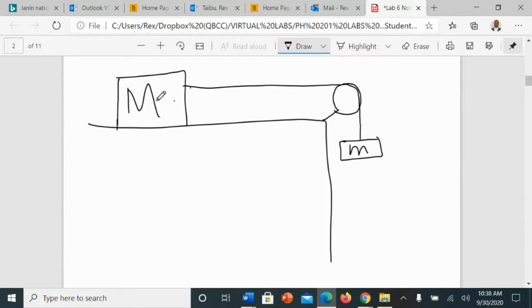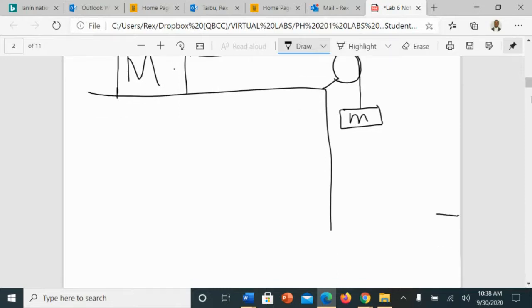Then take some mass from M and put it here, and get our measurements. The idea is we want to keep the total mass, small m plus capital M, the same, and then observe the relationship between net force and acceleration.